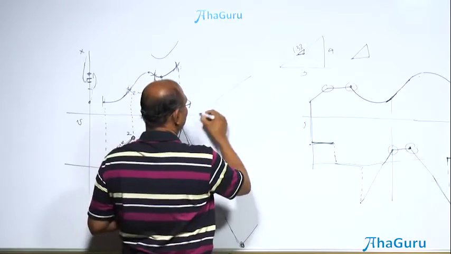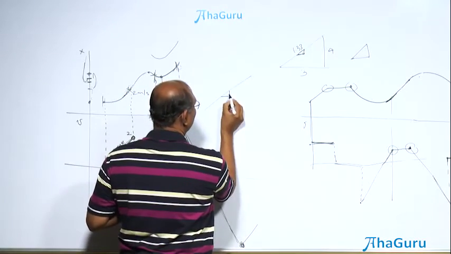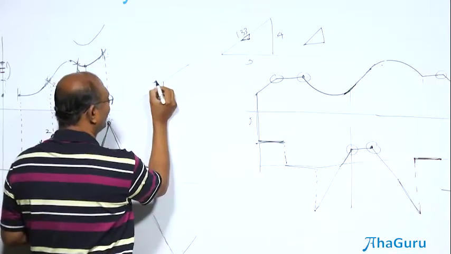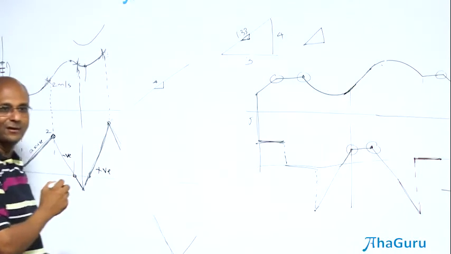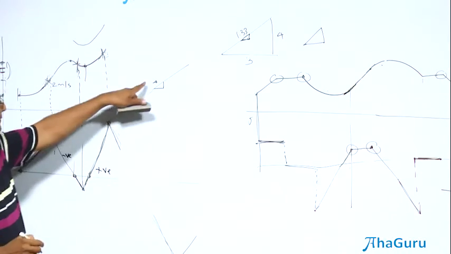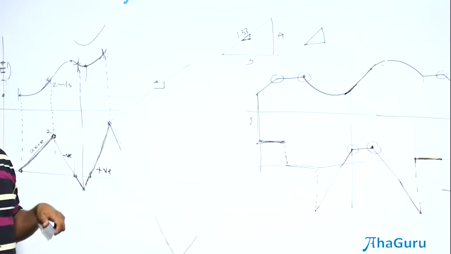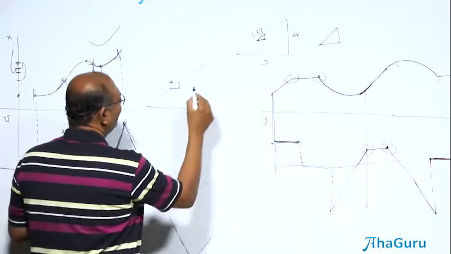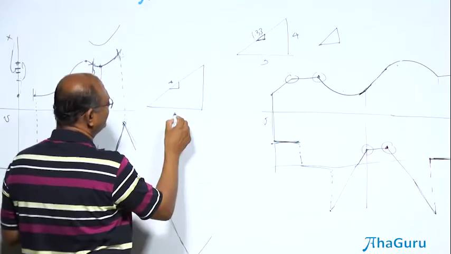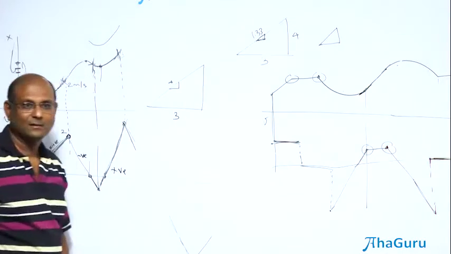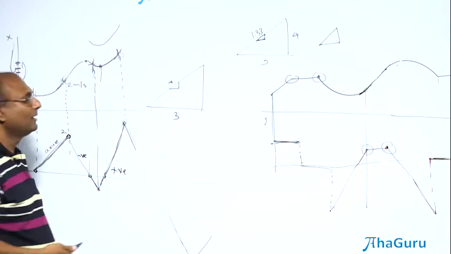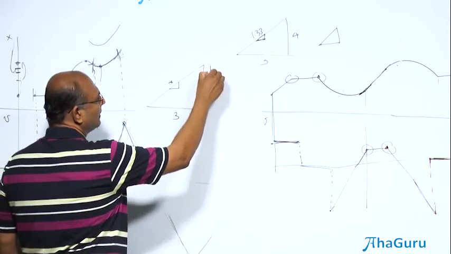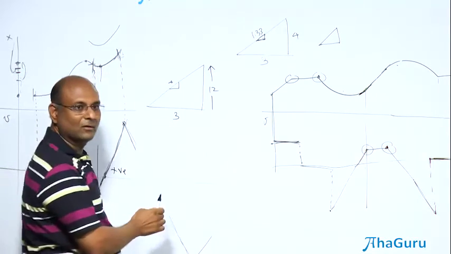If I draw this and I put a small thing like this and I say 4, I should probably write it inside it, but it's too small to write inside. So I've written 4. What does that now mean? Slope is 4. Well, if that was 4 and this is 3, what do you think is that? 12. Why?